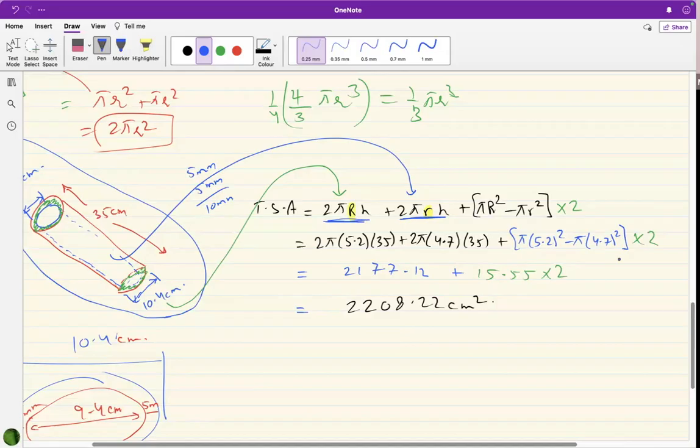I'm rechecking it quickly. 2 pi r into h plus 2 pi r into h plus 2 into pi into 5.2 squared minus pi into 4.7 squared.